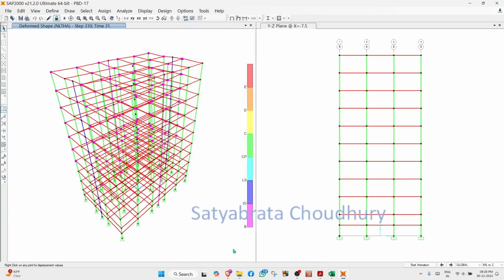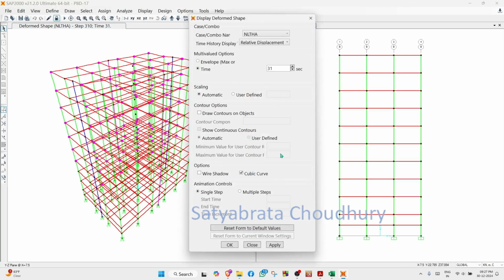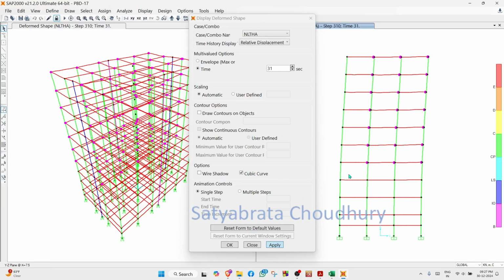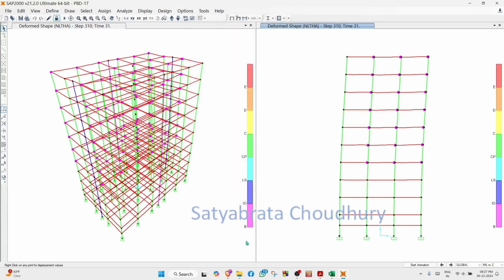Okay. So damage state, these pink colors are showing the IO level hinges. So IO level hinges have been formed. In the shear wall there is no hinge. You can see here. If we apply the same thing, 31 in the frame, we can see it here.